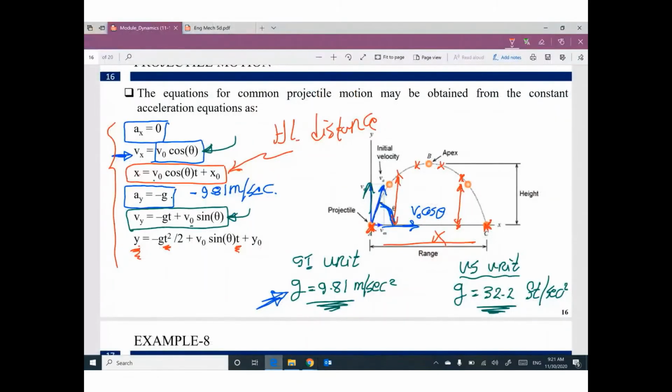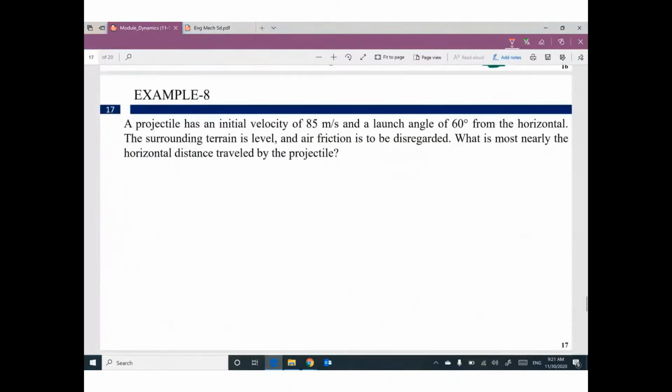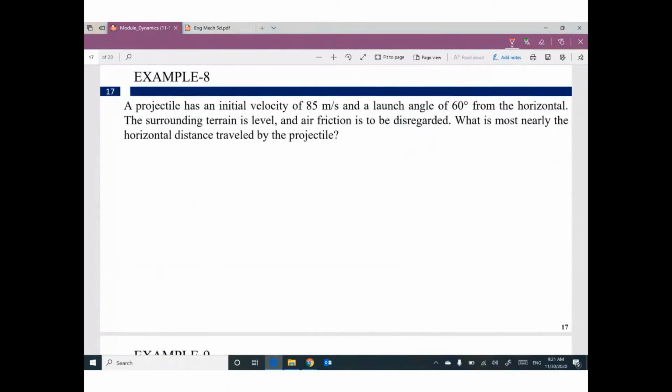Okay, let me start with the first example. We have a projectile that has an initial velocity of 85 meters per second and a launch angle of 60.